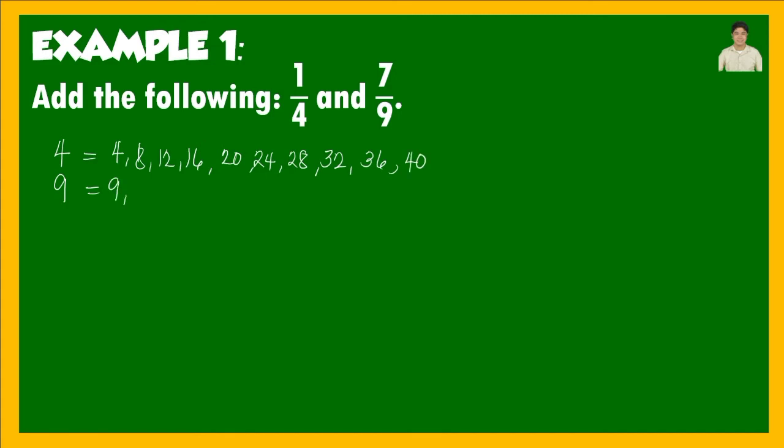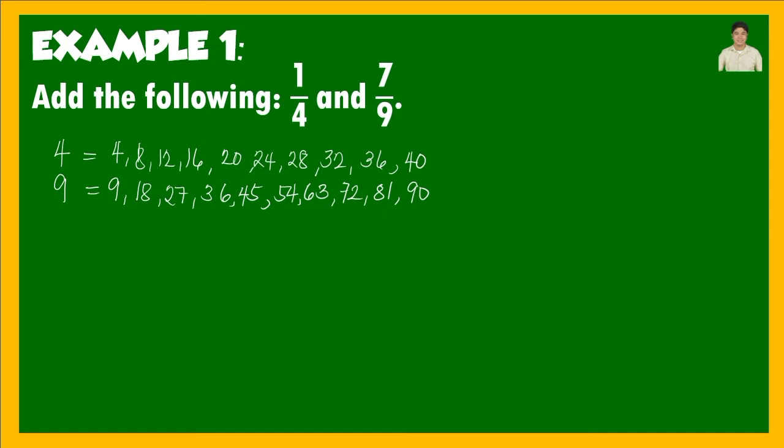So, 9, 18, 27, 36, 45, 54, 63, 72, 81, and 90. So, skip counting lang tayo, kaya nakuha po natin yan. O kaya naman, 4 times 1, 4 times 2, hanggang 4 times 10. 9 times 1, 9 times 2. Ayan. Nasa sa atin po kung paano po natin ililista yung mga multiples ng 4 and 9.